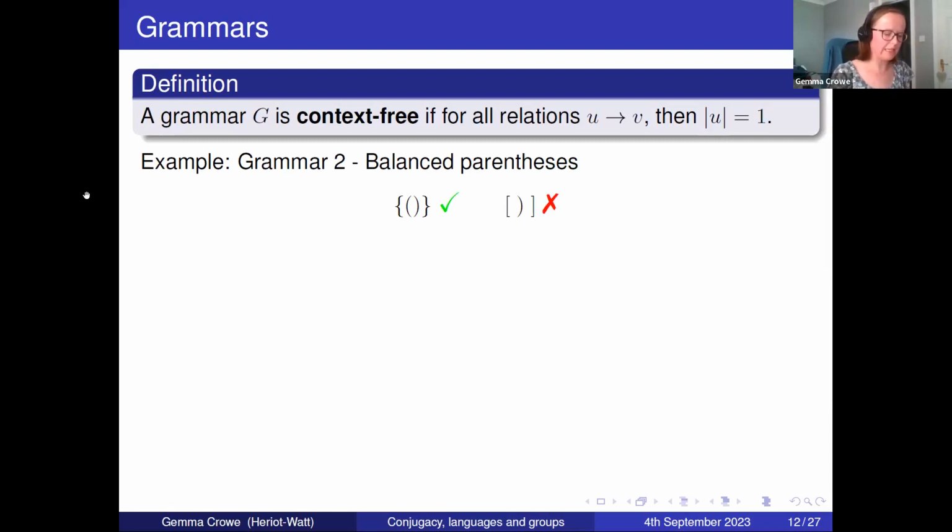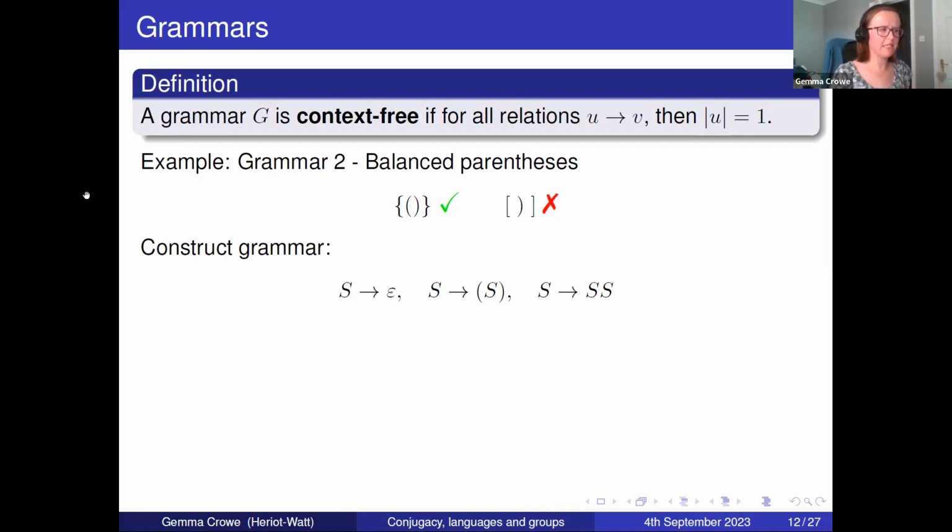How does this work in practice? Well, I can create a grammar which will produce all balanced parentheses as words. I should say here, I'm just restricting to one type of bracket, but you could extend it to as many different types of brackets as you like. That's absolutely fine, but just to keep it simple, I'm doing one type of bracket.